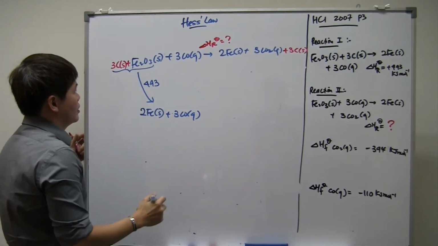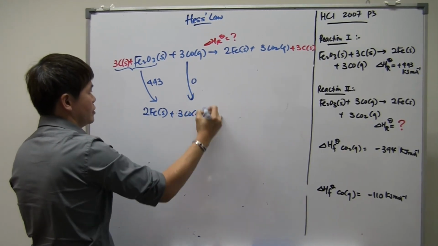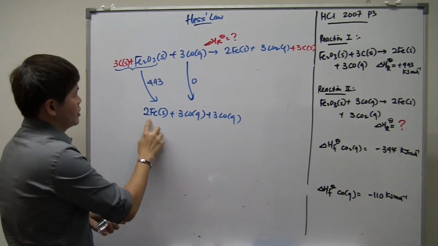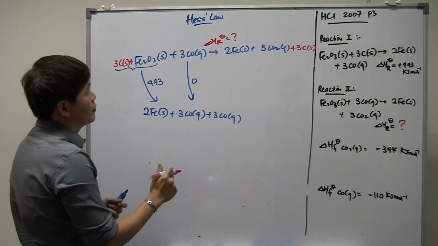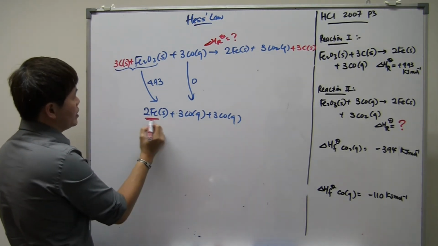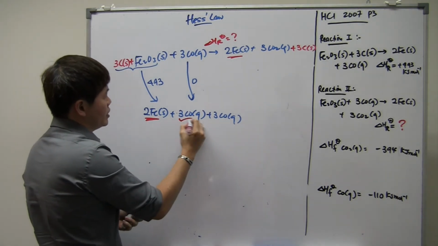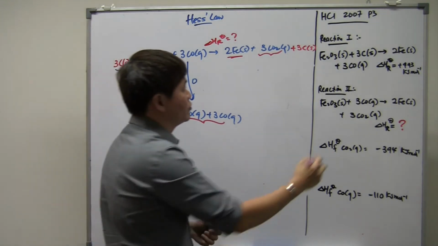Now the 3 COs will come down here unchanged, so there's no change here, we can add 3 more COs here. Now if you look at the compounds over here and the compounds over there, what's going to happen is that the Fe has got no change. So we're going to think of a way of how to link the COs and the CO2, right? We've already used this information over here.